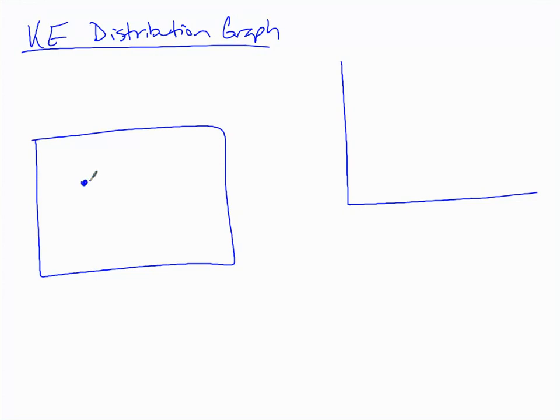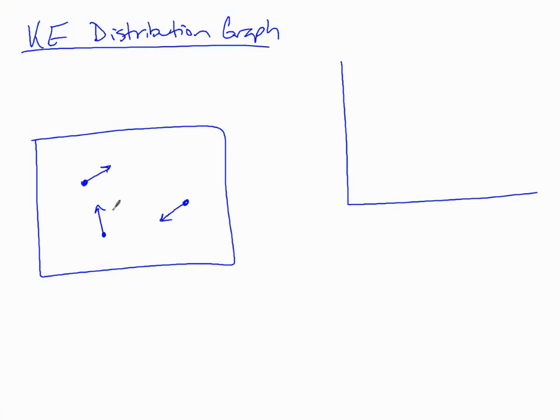Gas particles are all moving. So here's one that's moving with this magnitude or this amount of energy. This one's about the same. This one's about the same. So these are all about the same average kinetic energy.